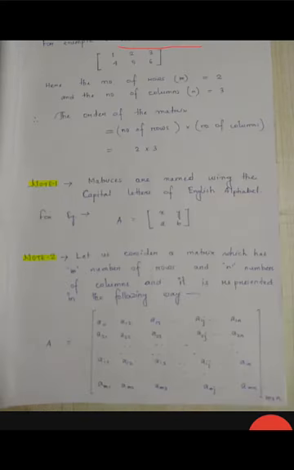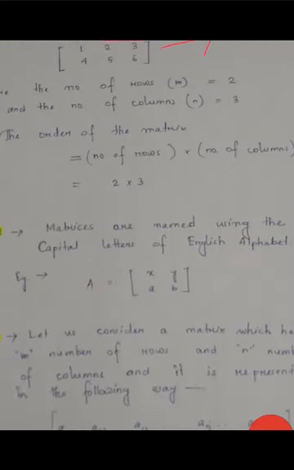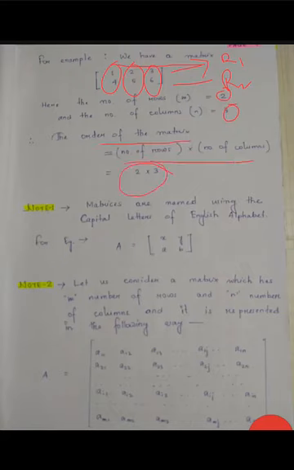We consider another example where we have two rows, this is row 1, then this is row 2, and three columns we have. So here in this case, the number of rows is 2, the number of columns is 3. So the order of the matrix will be what? Number of rows into number of columns, that is 2 by 3.